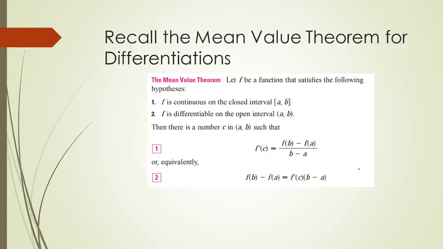And this is the mean value theorem for differentiation. Let's review a little bit. We have two versions, one for differentiation and one for integrals. The mean value theorem for differentiation is what we studied last semester. Let f be a function satisfying the following two hypotheses: f is continuous on the closed interval [a, b], and f is differentiable on the open interval (a, b). Then there exists a number c in the open interval (a, b) such that the derivative at c equals, what does this mean?